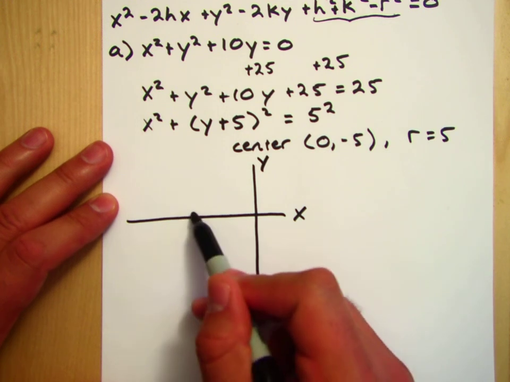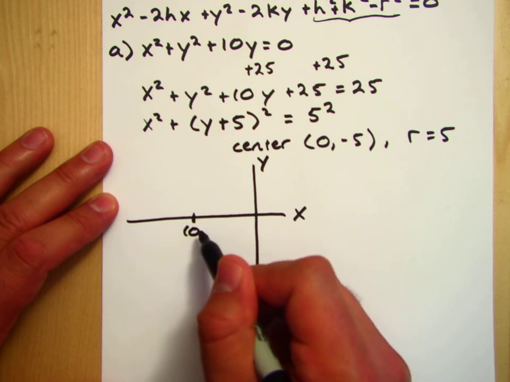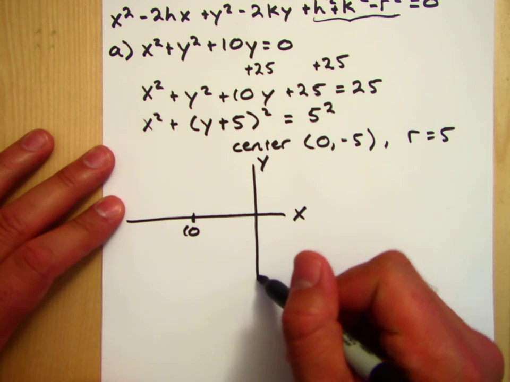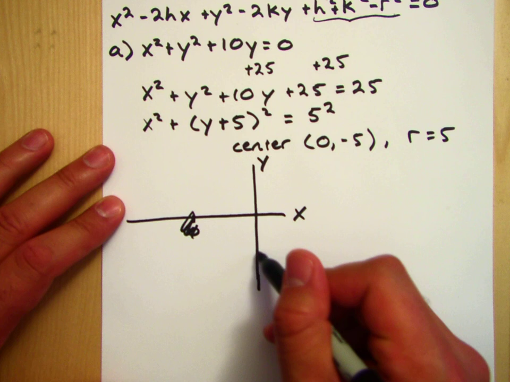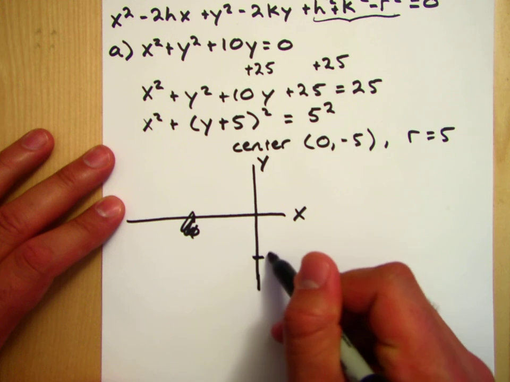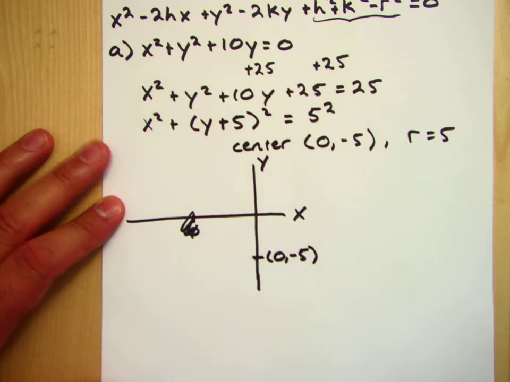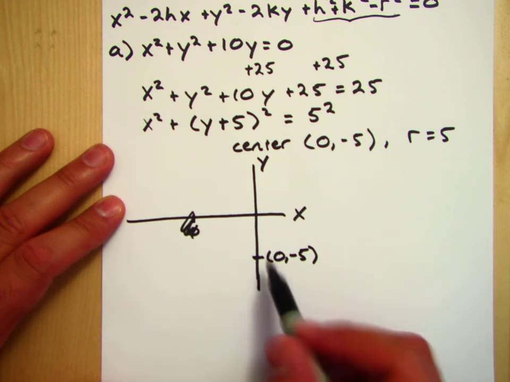So, a radius of, so the center is here at 0. No, it's not there. It's actually down here. Pardon me. 0, -5. Is right there with a radius of 5. So we can go 5 points in every direction.